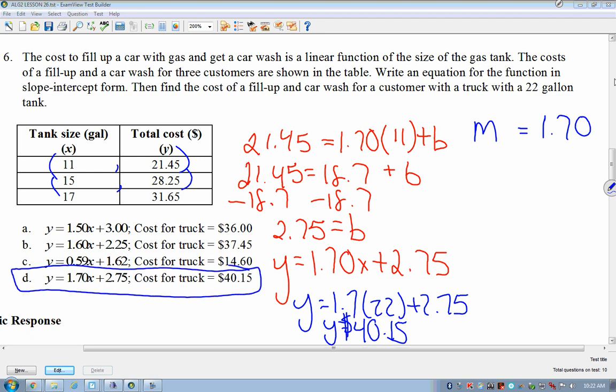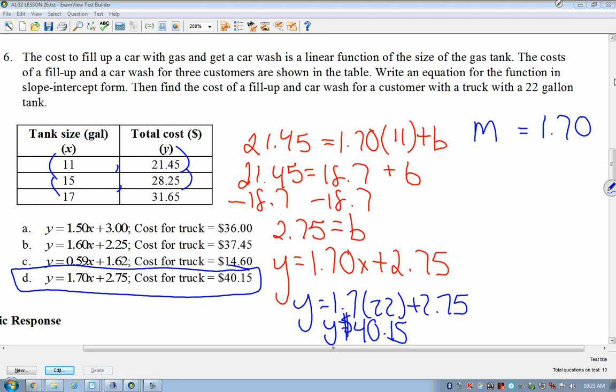Now, could we have used y minus y1 equals m times x minus x1 instead of y equals mx plus b? Yes, but we still would have gotten y equals 1.7x plus 2.75. All right, do we feel pretty good about these now? The biggest thing to get from this is those couple of equations.